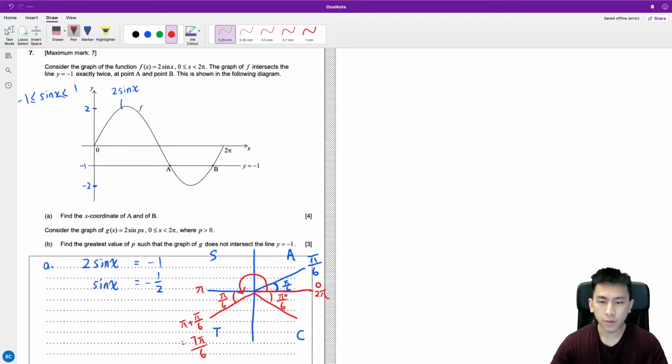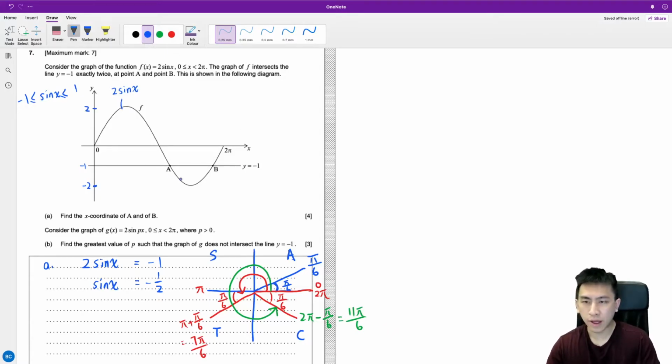So the overall angle, let me use green, from here all the way to here, is going to be 2 pi minus pi by 6, which gives you 11 pi over 6. So you will know these two angles.